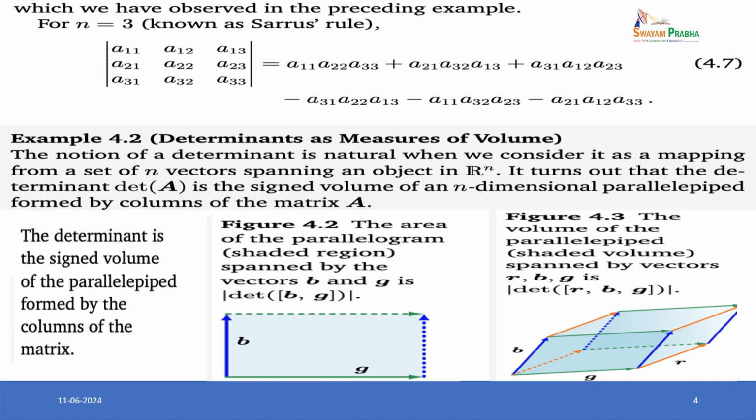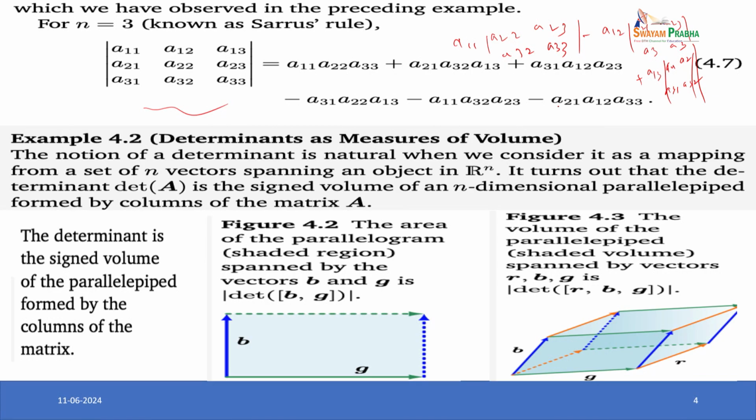If n equals 3, then for a 3 cross 3 matrix we have a rule: A11 into the determinant of A22, A23, A32, A33, minus A12 into the determinant of A21, A23, A31, A33, plus A13 into the determinant of A21, A22, A31, A32.